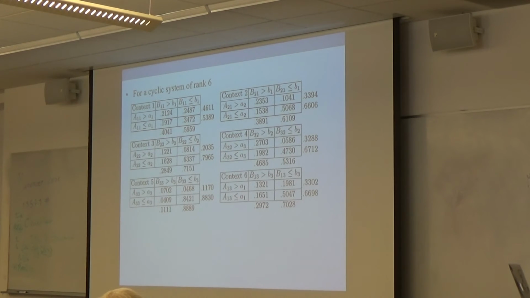The data was collected in our experiments. For this particular example, delta C is less than 0, indicating it's non-contextual. We have tested 10,000 to 10 million such cyclic 6 systems, and we find contextuality in none of these systems.